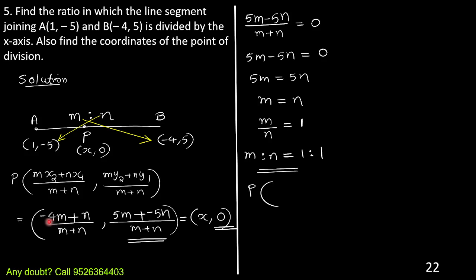This is minus 4 into 1, minus 4, plus n. n is 1. Denominator m plus n is 1 plus 1, correct? 2.